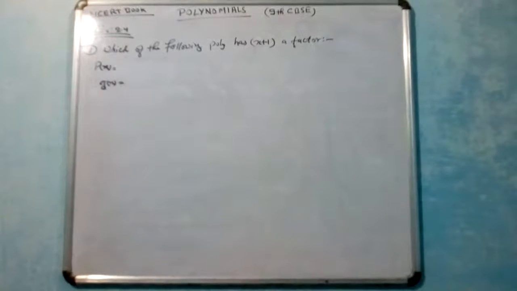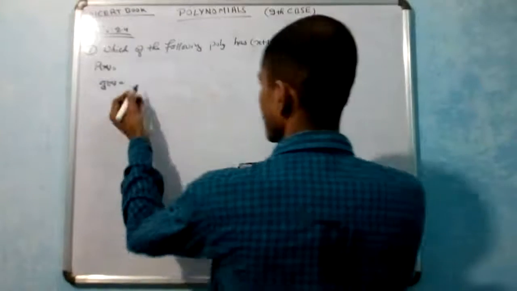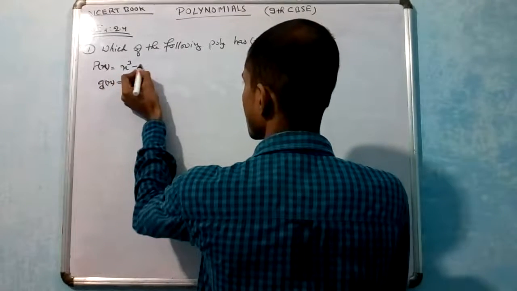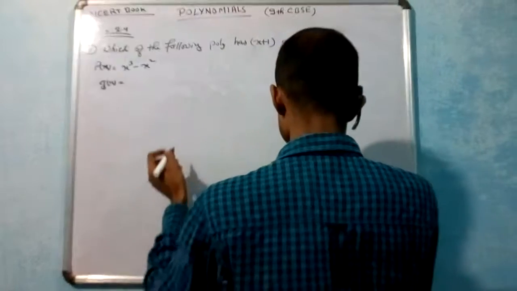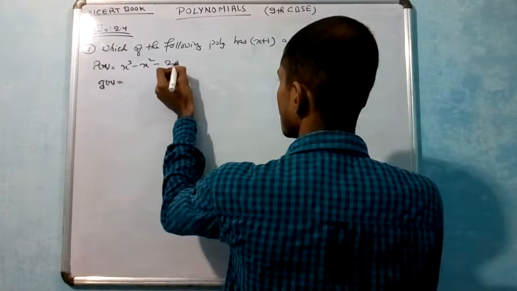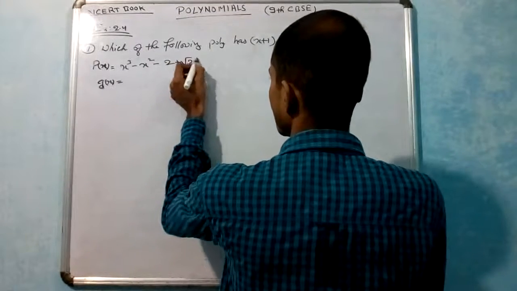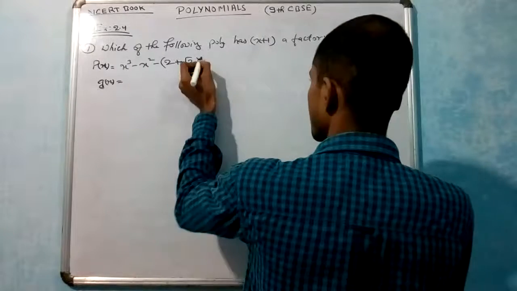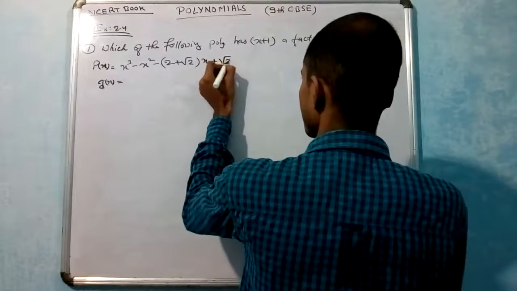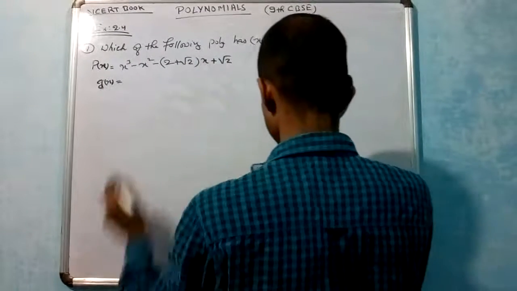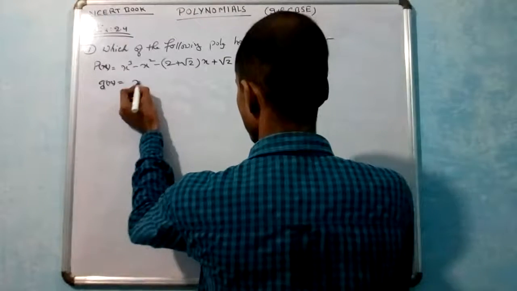What is the question? p(x) is x cube minus x square minus (2 plus root 2) x plus root 2, and g(x) is x plus 1 again. Same thing.